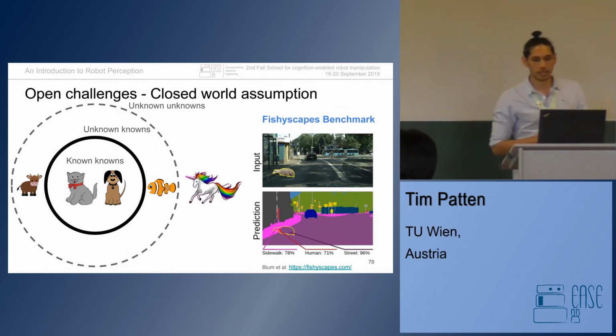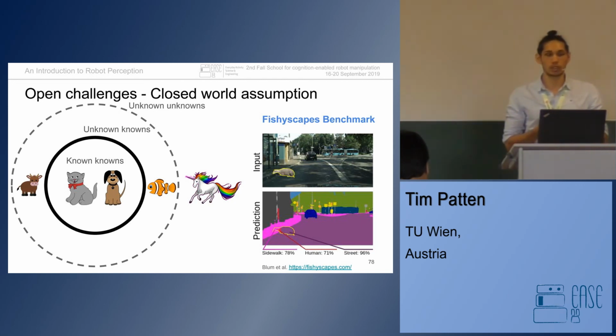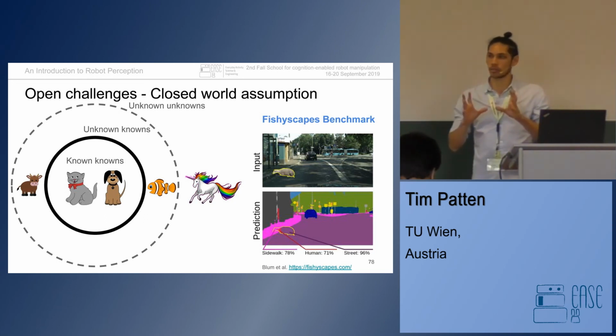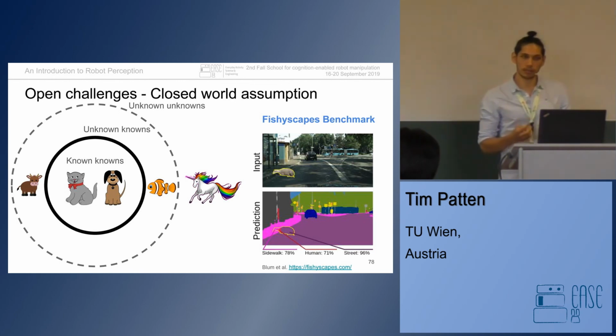And the last one is this closed world assumption. I think a large majority of researchers are really looking into this very closed world assumption, where we know everything, we know the data distribution. But really, our world is not full of known knowns.